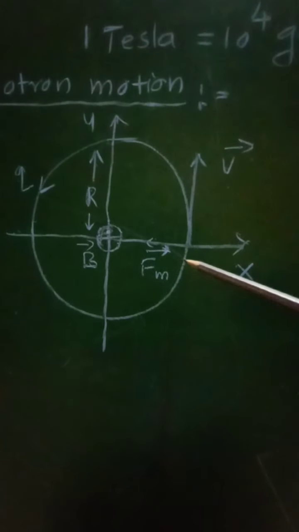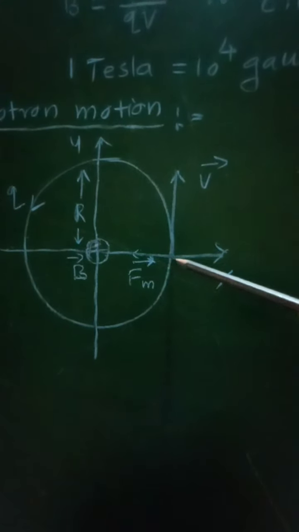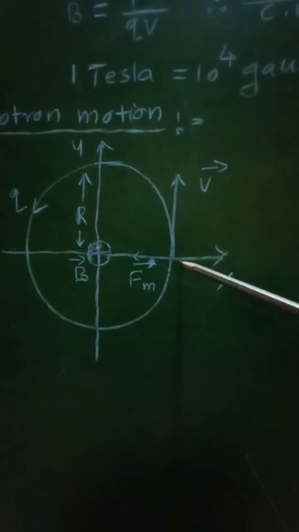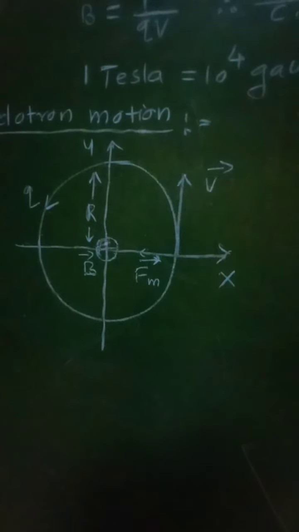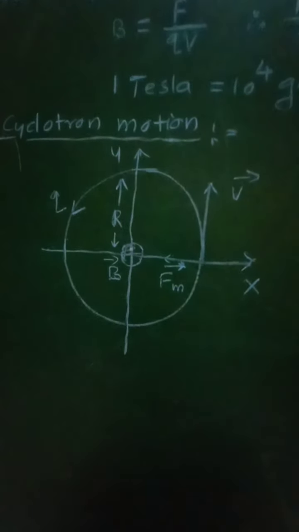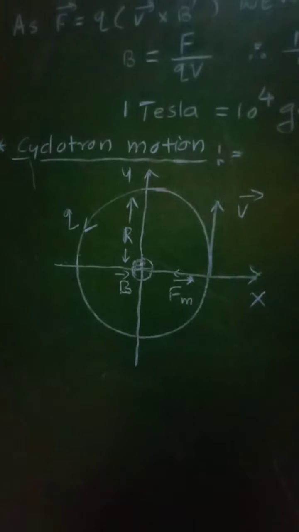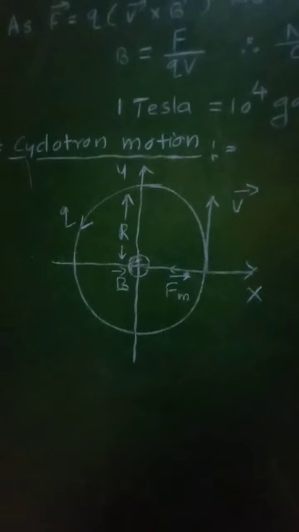This Fm is directed towards the center of the circular path, which will act as the centripetal force. Centripetal force will be equal to mv square upon r.